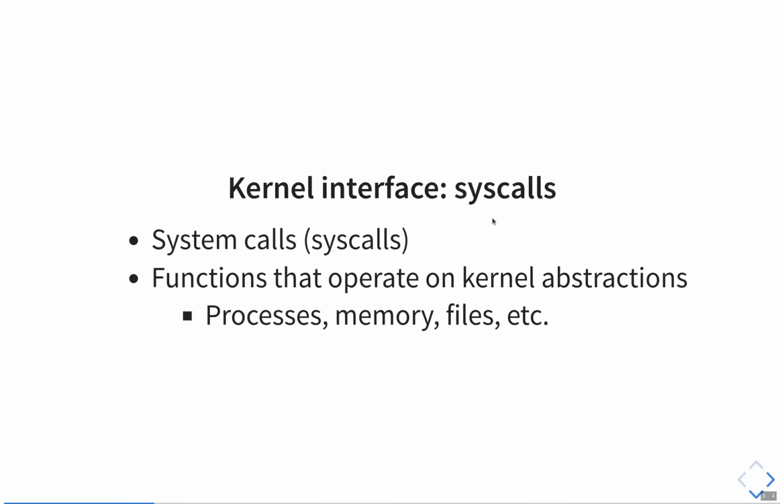Now the way that you can actually interact with the kernel and take advantage of all these nice abstractions is through an interface called syscalls. If the kernel contains all the abstractions for writing to files and whatnot, as programmers, the way we interact with the kernel, the API that the kernel exposes to us, are these syscalls.